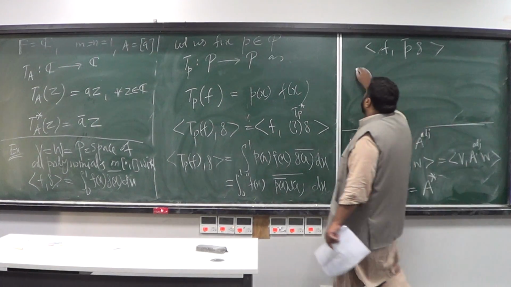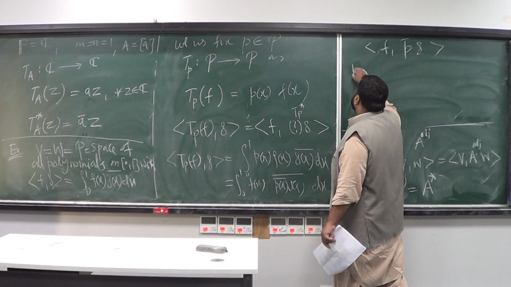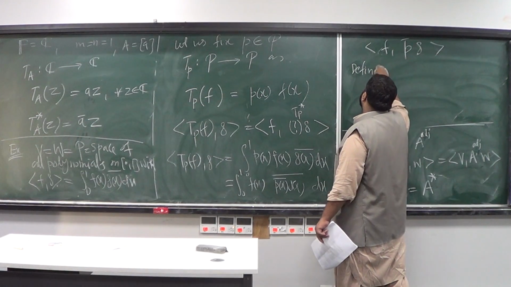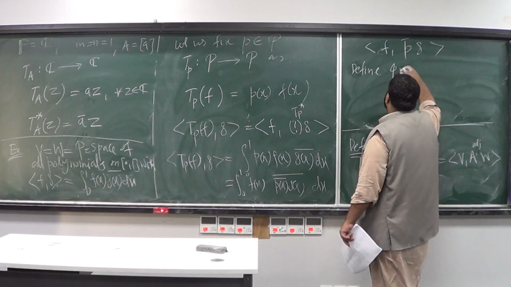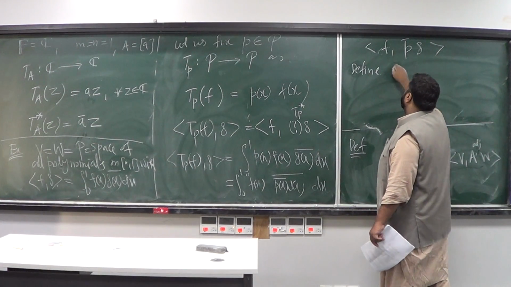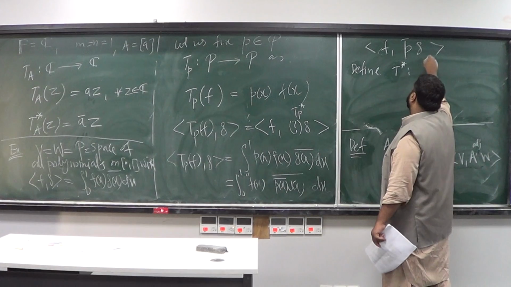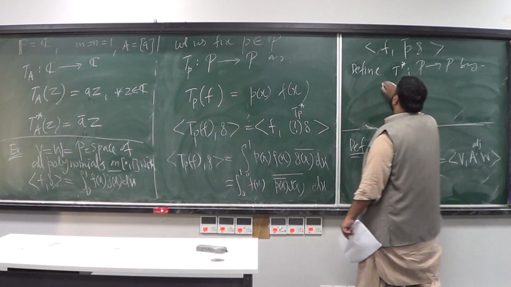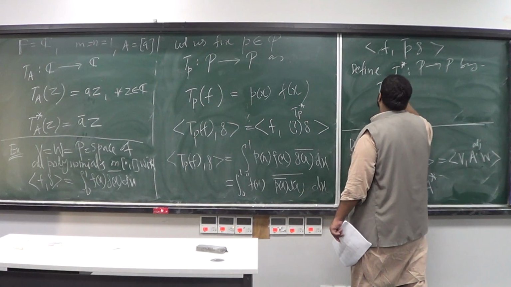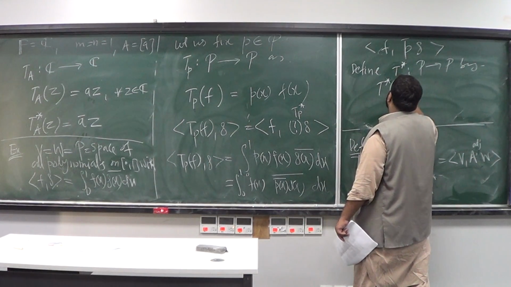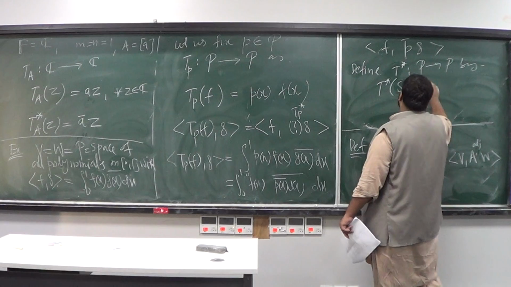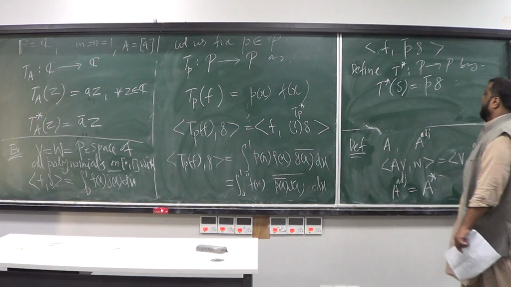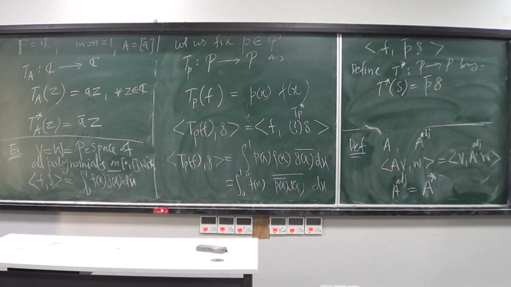So let me define, say, a map T star from the space to itself, such that when T star operates onto g, it gives me p bar multiplied by g. So we can show that this is also a linear transformation.